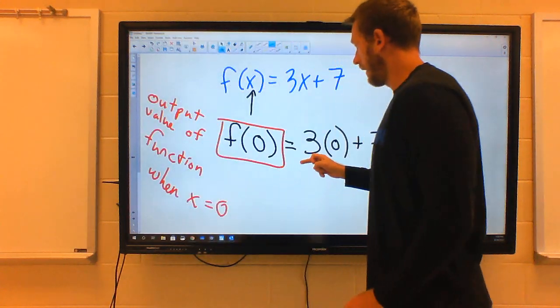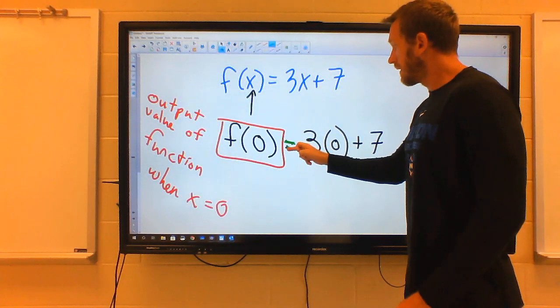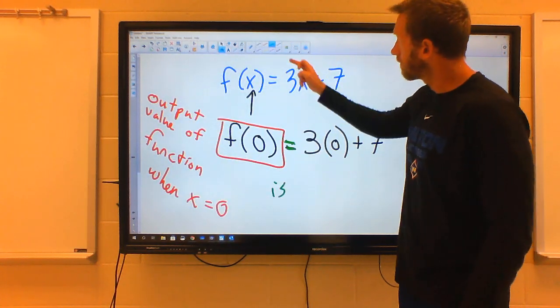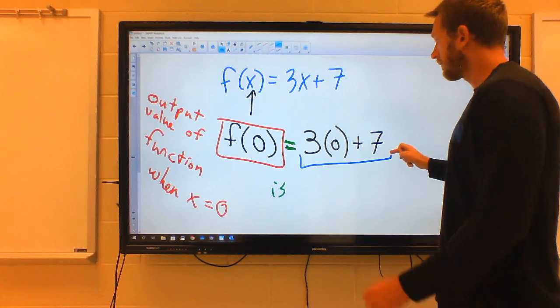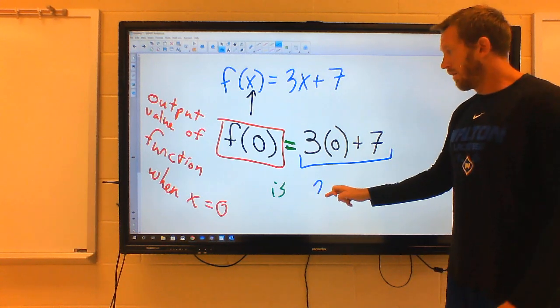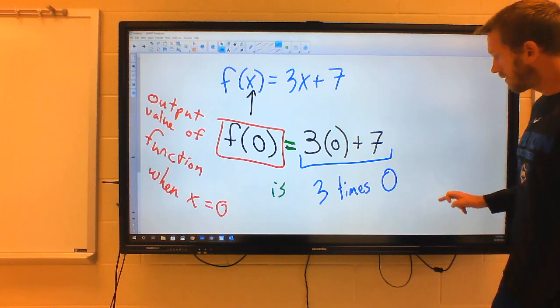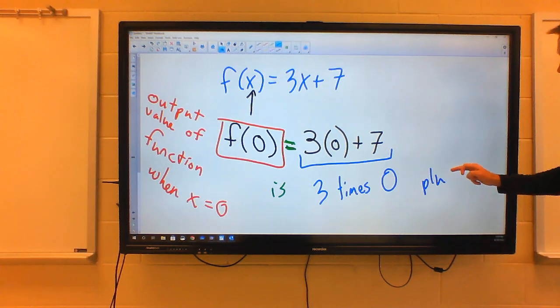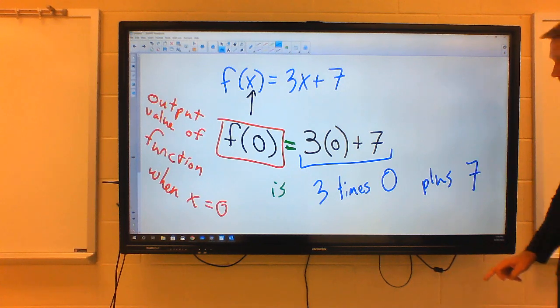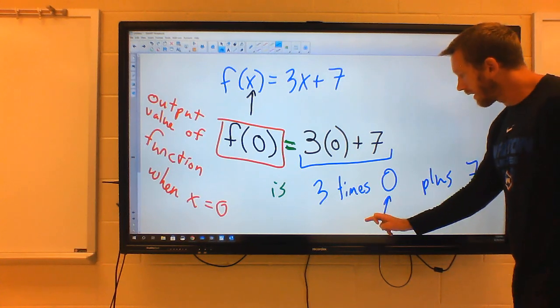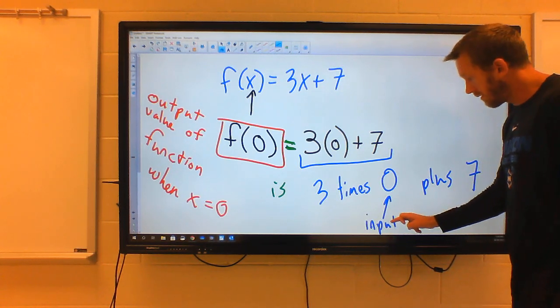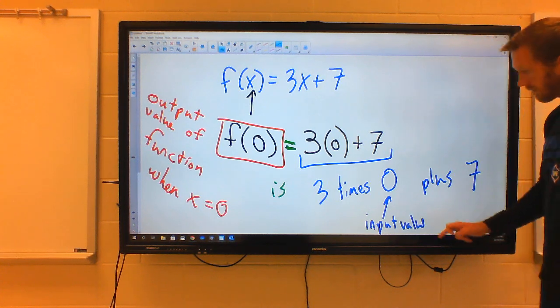I'm going to highlight some things. This means, over here, 3 times 0 plus 7. And why do we use 0? Because that is our input value.